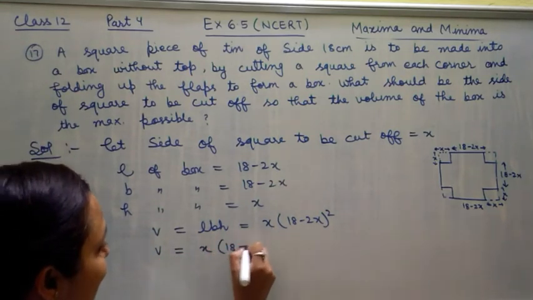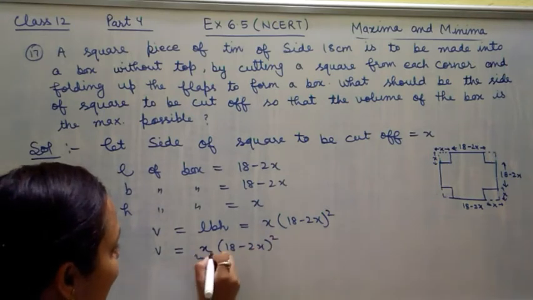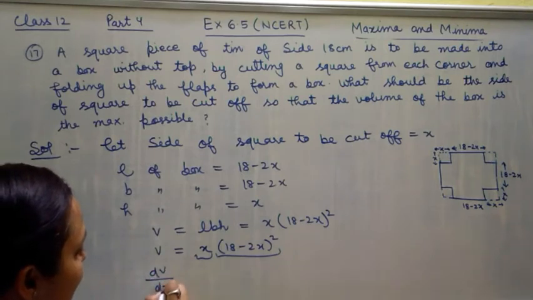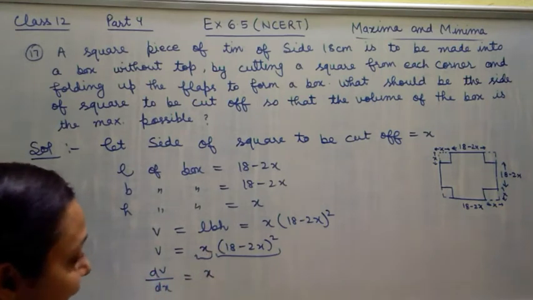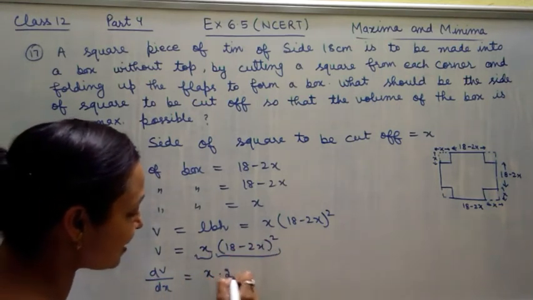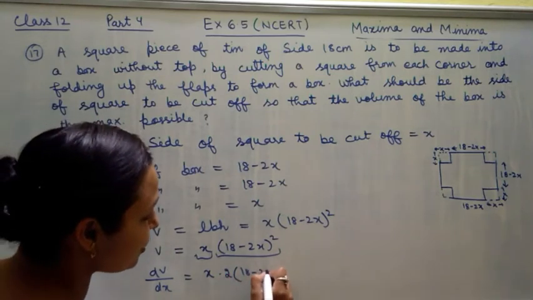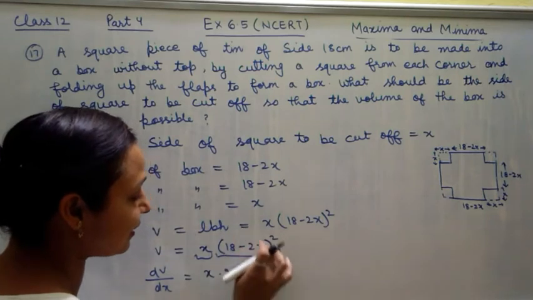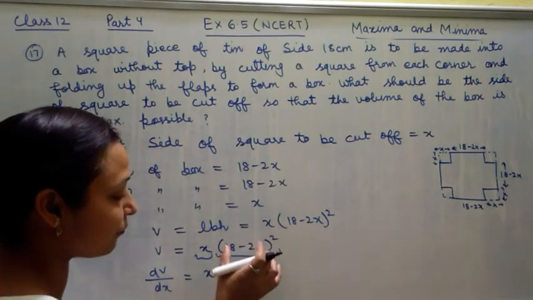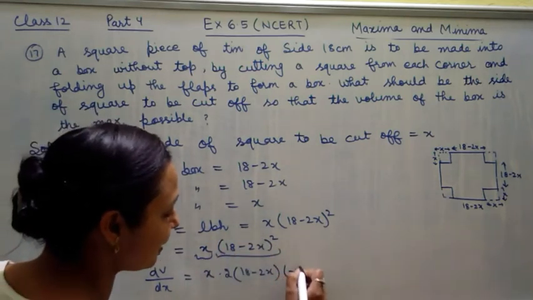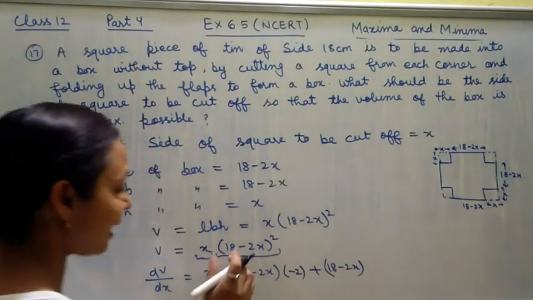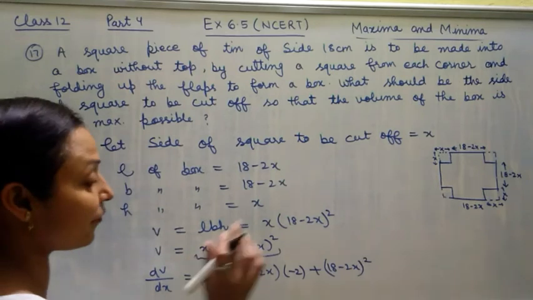By taking the first function and second function, I will do the derivative: dv upon dx is equal to x as it is, times the derivative of this, which is 2 into (18 minus 2x), and further, inside the square there is a function, so you have to take its derivative, that is minus 2, plus (18 minus 2x) whole squared, and the derivative of x is 1.